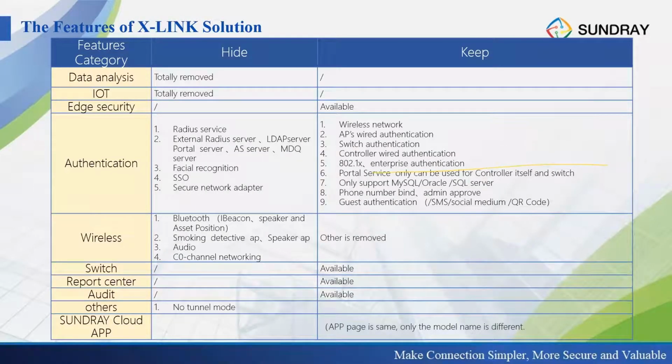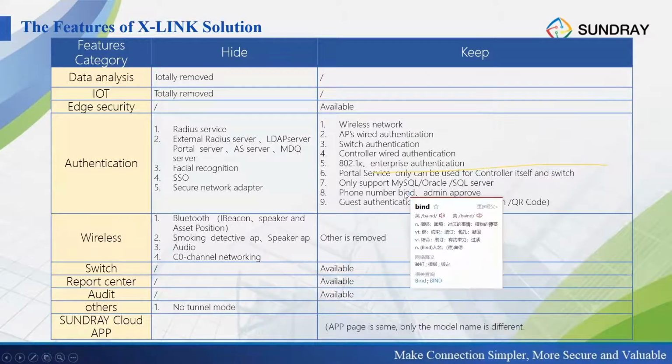For the Charlie solutions, we have features like authentication and edge security, but we don't have integration with LDAP servers or Radius servers. If you want that, we need to use our current controllers and AC controllers. But if you don't use this kind of authentication database, we just use our Charlie controllers for some clients.